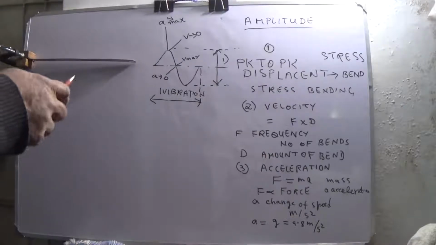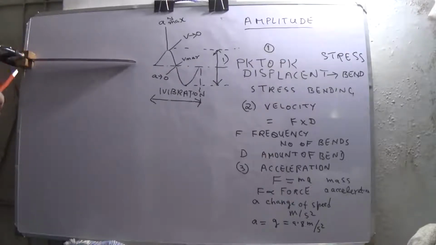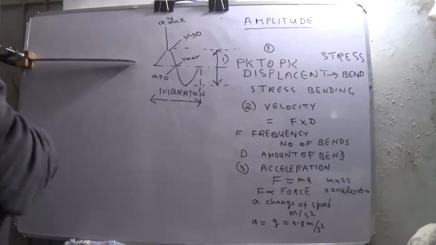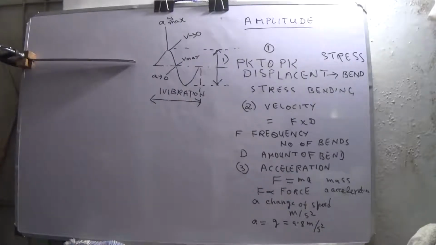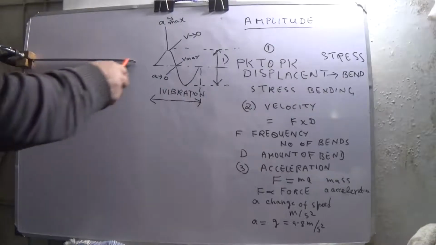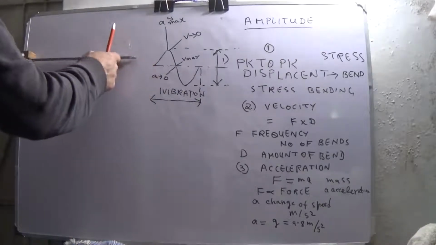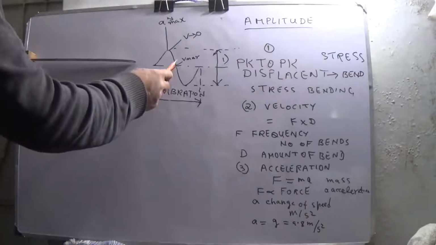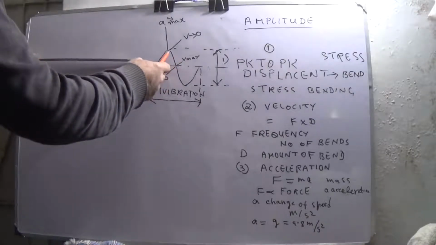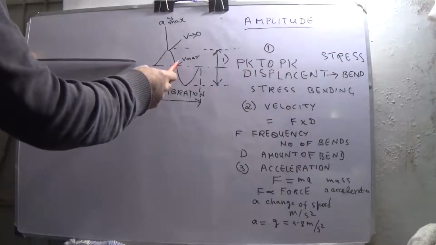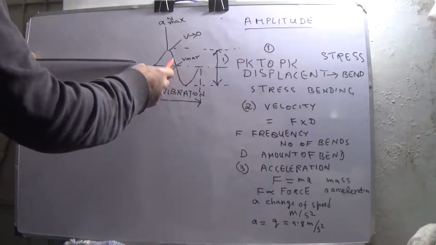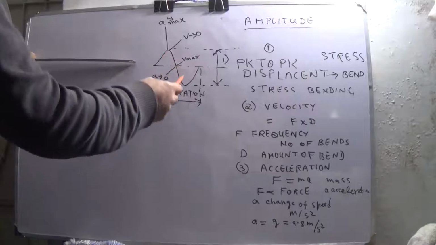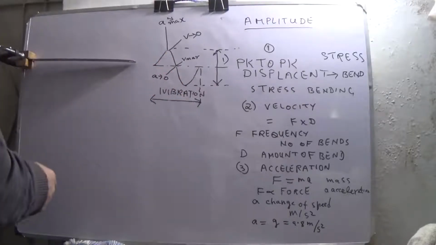Now we come to the second thing, which is velocity. Velocity is the speed of the machine vibration. When this machine is moving up and down, at the extreme points the velocity is 0, and in the center the velocity is maximum.